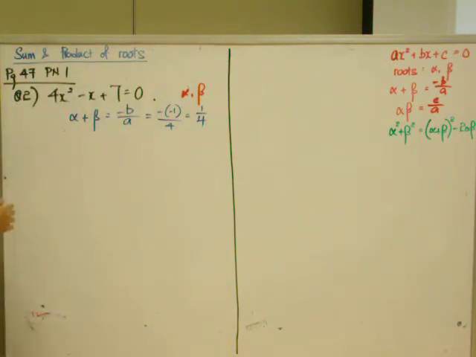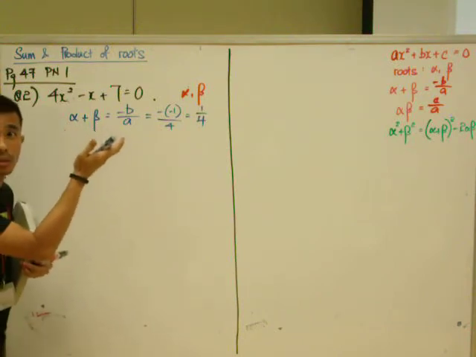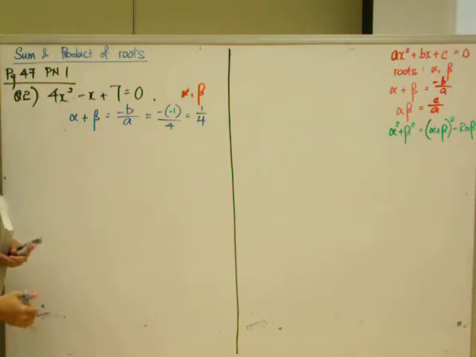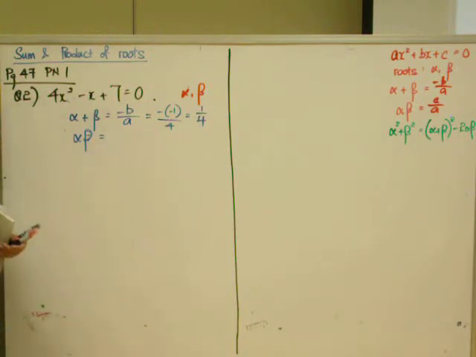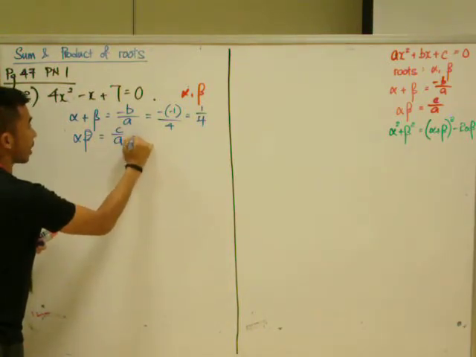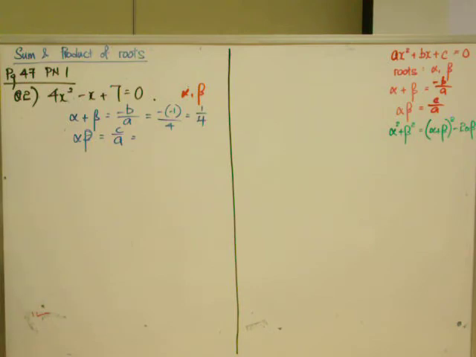Next thing here, what's the next thing you will write out? Just follow the sequence. Yesterday I already said the most important, product of roots. What is the product of the roots? What's the formula? C over A. What's the value of C? 7.